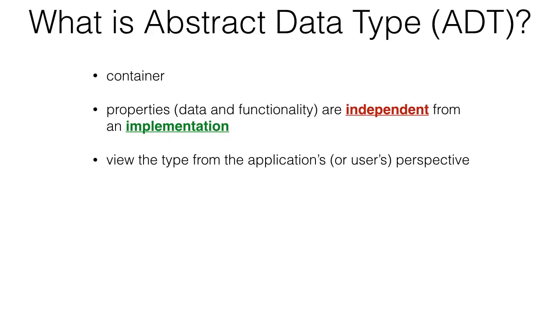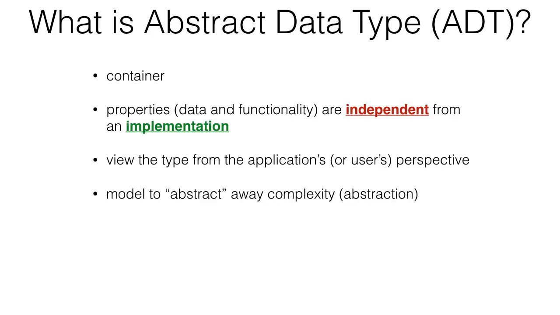We also view this type from the application's or the user's perspective. So it's not from the computer's memory needs or from circuit needs. Rather, it's from the application or the user's perspective. And we model to abstract away complexity.